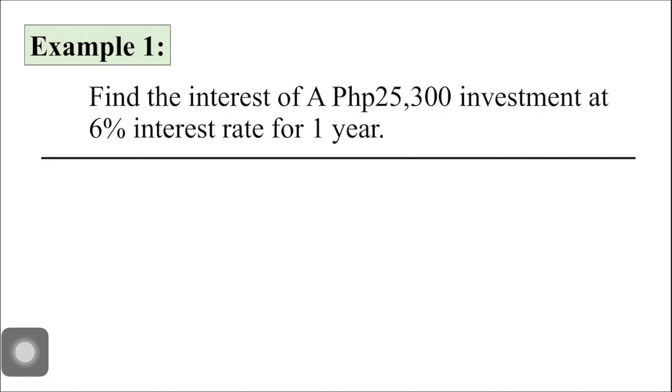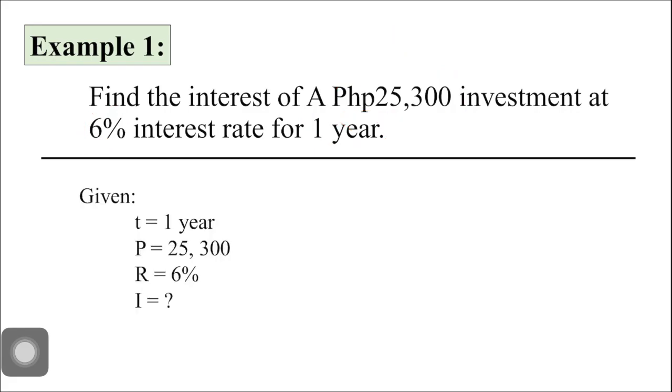Find the interest of a 25,300 investment at 6% interest rate for 1 year. So what are the given in the question? You have there the 25,300. This is your P or your principal. Then 6%, this is your R or the interest rate. And 1 year, this is the time or the term.